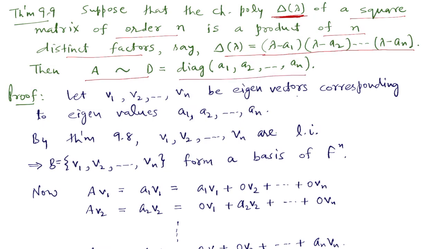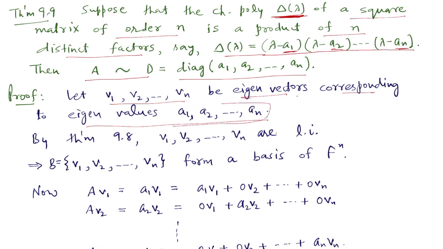Diagonal entries are simply the eigenvalues a1, a2, ..., an. So let v1, v2, ..., vn be eigenvectors corresponding to eigenvalues a1, a2, ..., an.